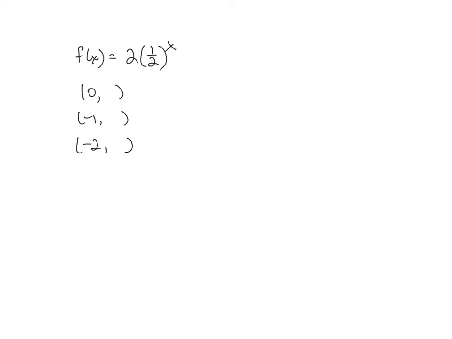And you might think, oh great, we've got to do these negatives, but actually something nice is going to happen. If I put in 0, anything to the 0 power is 1, so that's nice.